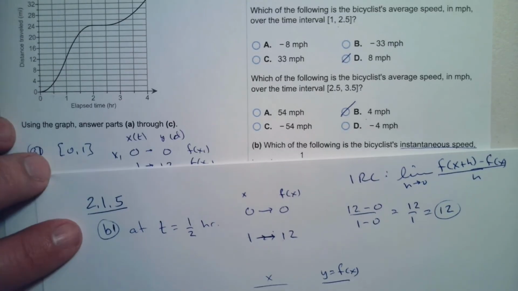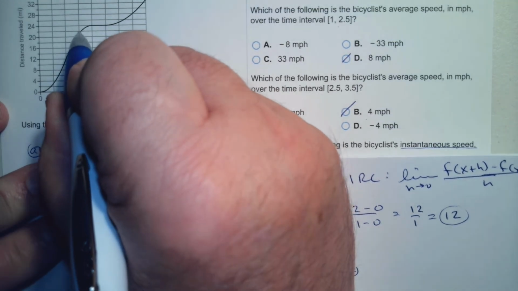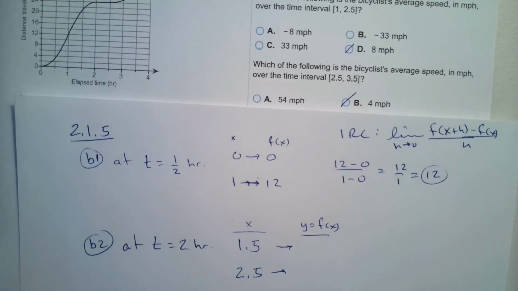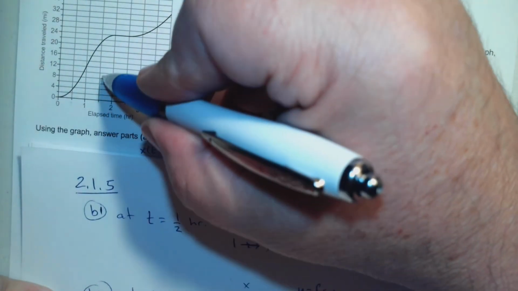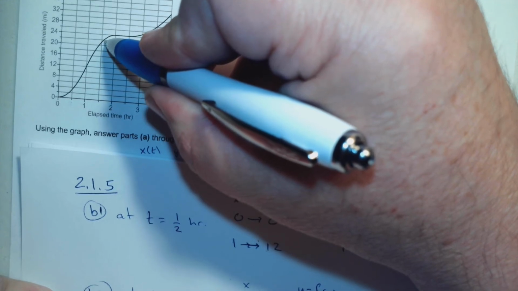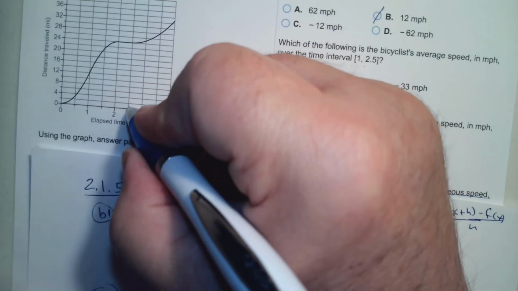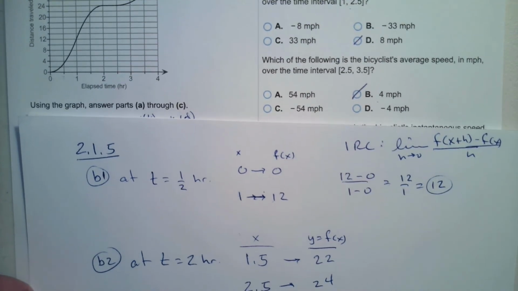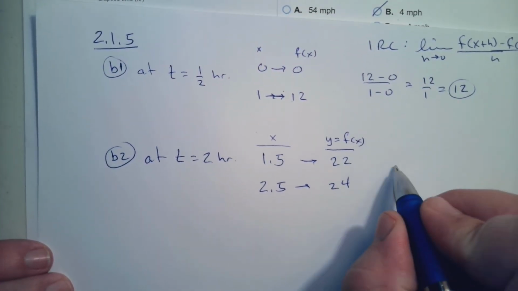At 1.5, it's 22. And at 2.5, let's look at our function.